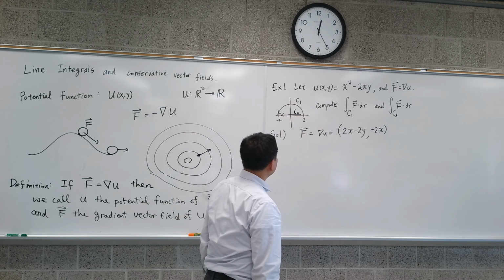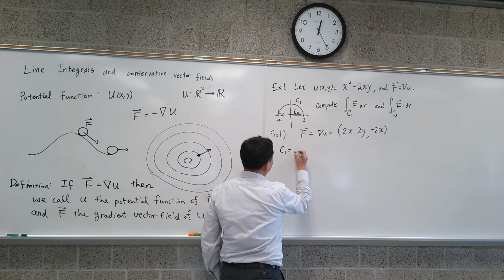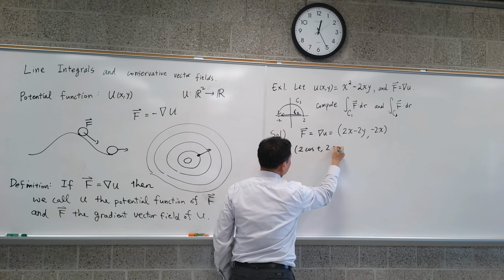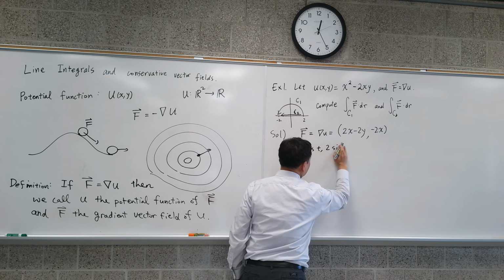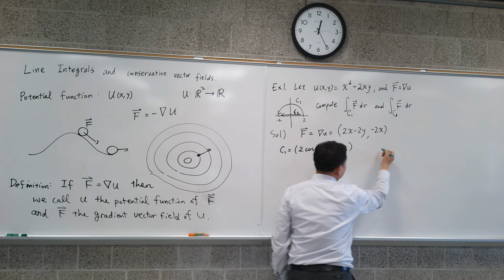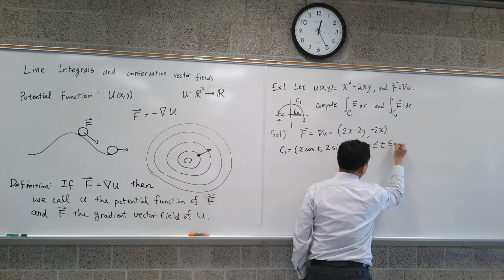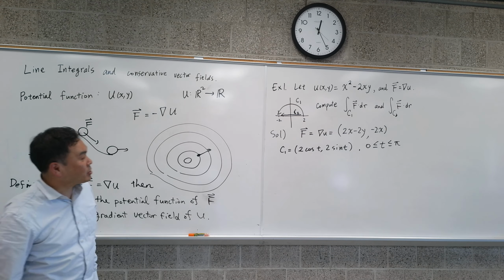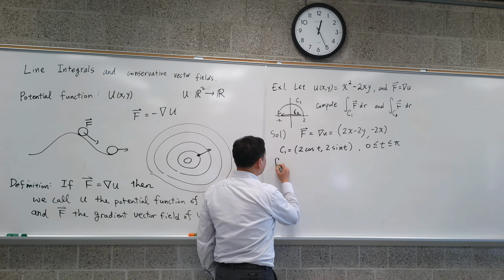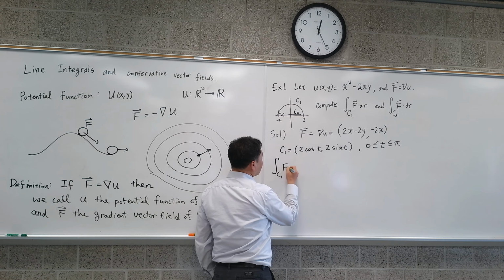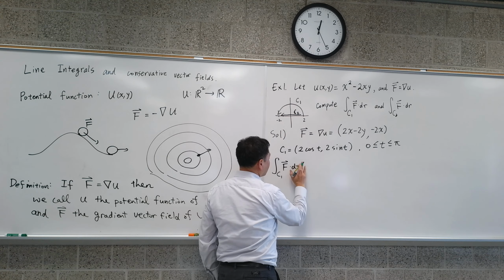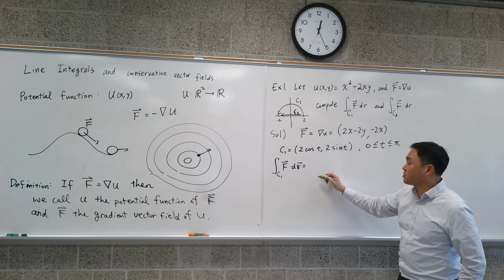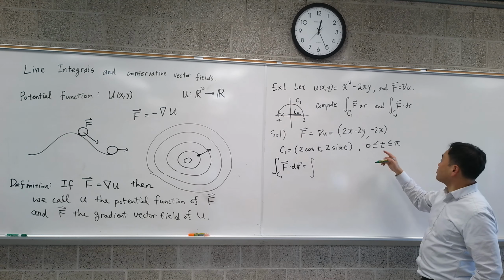And then for C1, we did something like this before. It's (2 cosine t, 2 sine t), where t goes from 0 to pi. So that's a parametrization, and therefore the integral over C1 of F dot dr can be computed as the integral for t from 0 to pi.